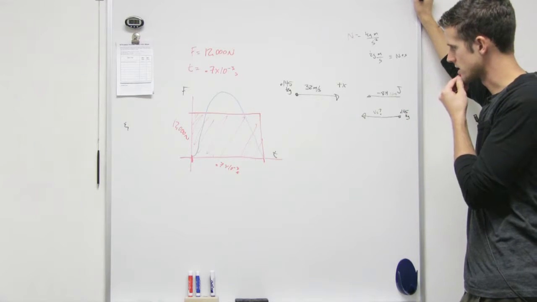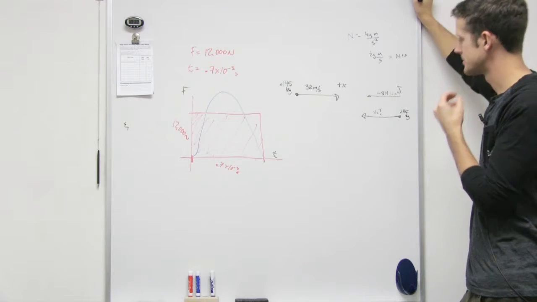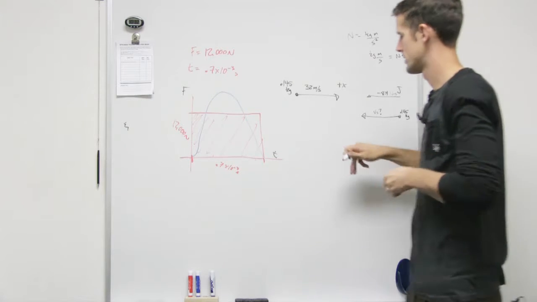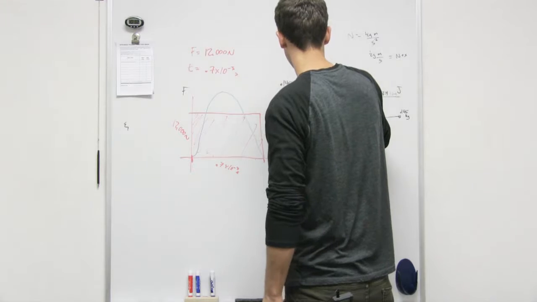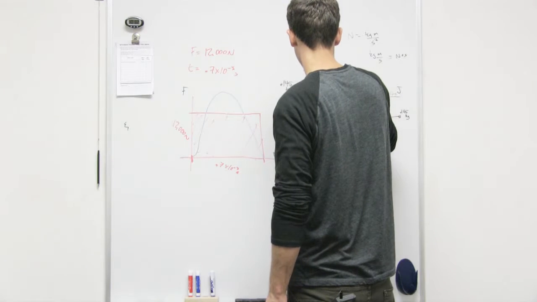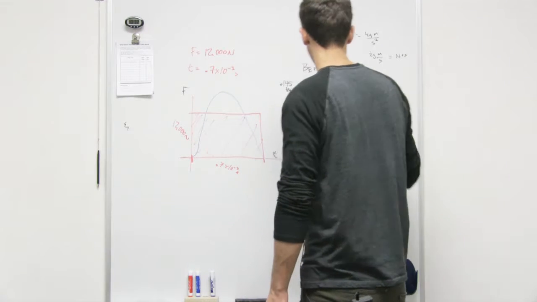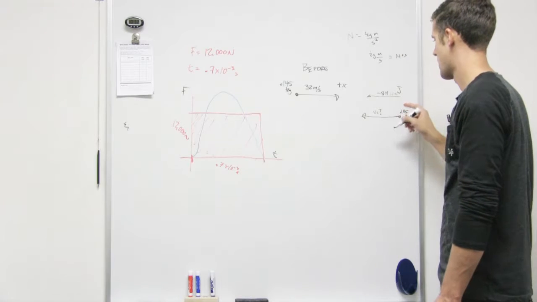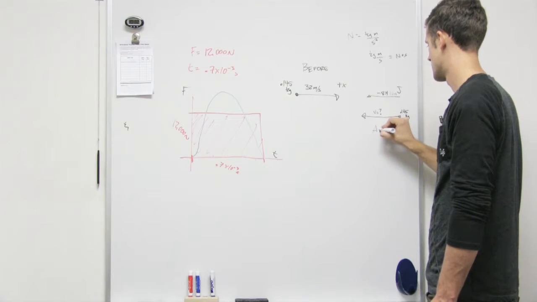This is how you set these kinds of problems up: you have a before, then this is your impulse, and you have an after.